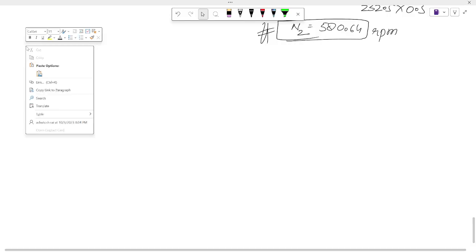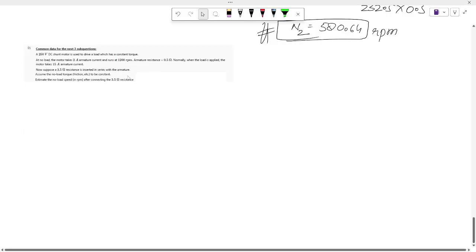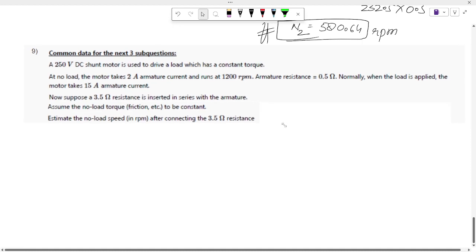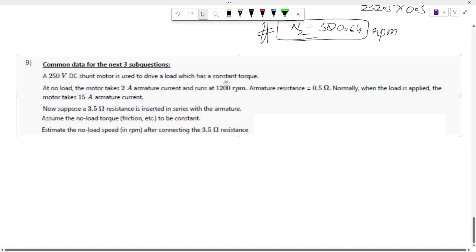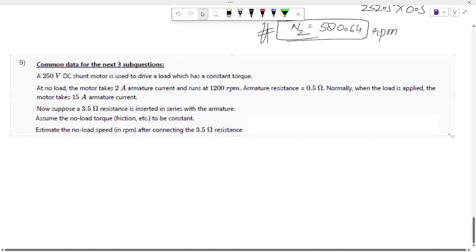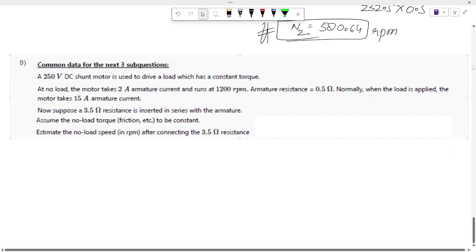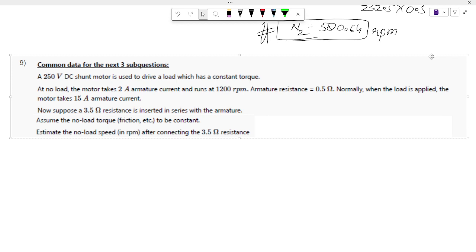Please follow. This is a good question. Can you see the question? Yes, sir. Okay. A 250-volt DC shunt motor is used to drive a load which has a constant torque.